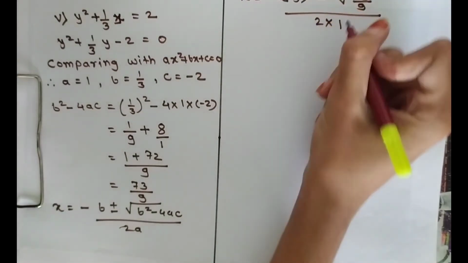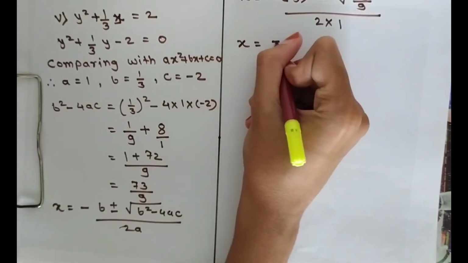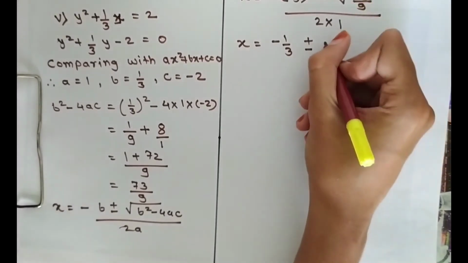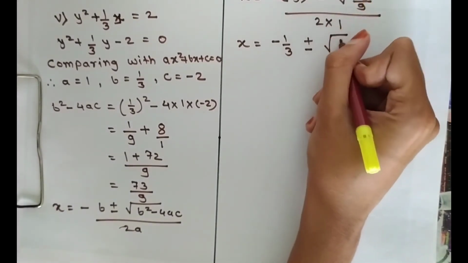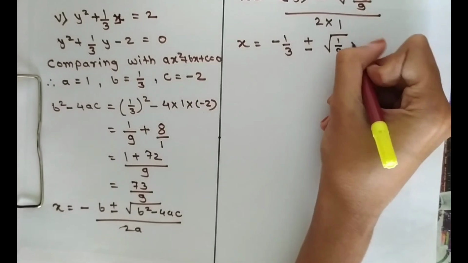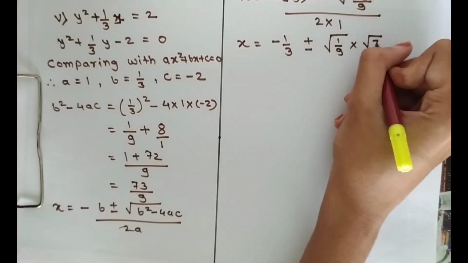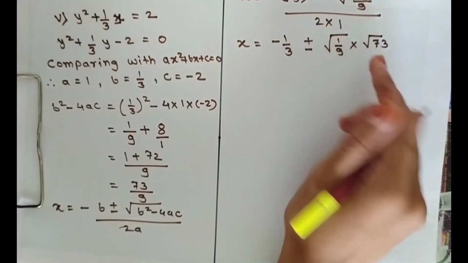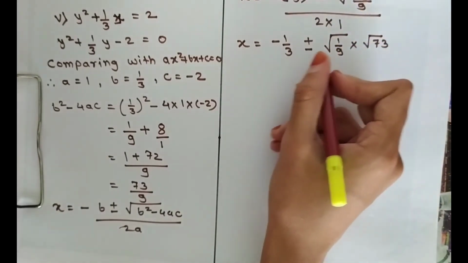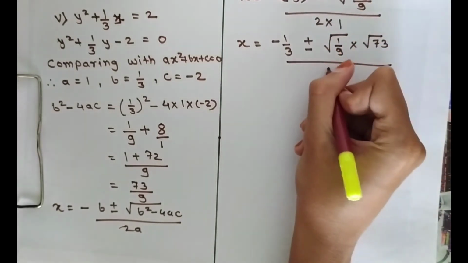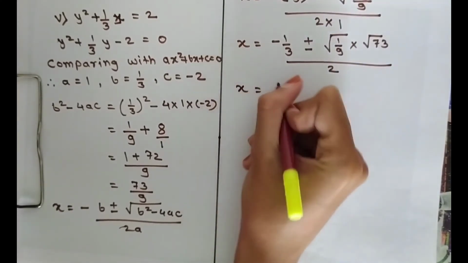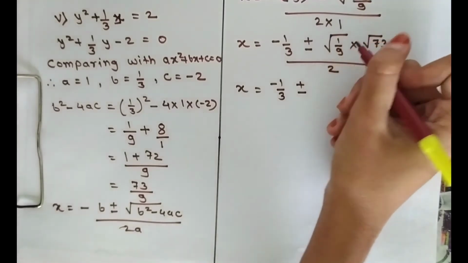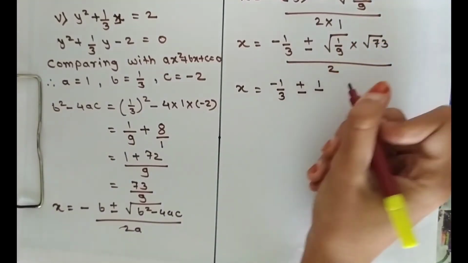A is 1. So x is equal to minus 1 upon 3 plus or minus root 73 upon 9. So root 1 upon 9 multiplied by root 73, like this, na. So root 1 upon 9 is what? 2 ones are 2. X is equal to minus 1 upon 3 plus or minus root 1 upon 9 is 1 upon 3.